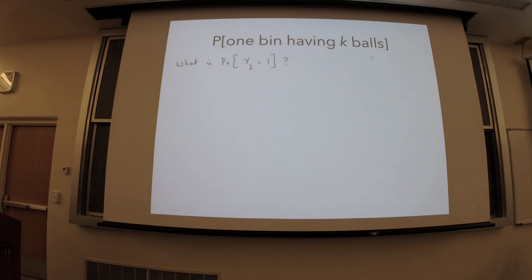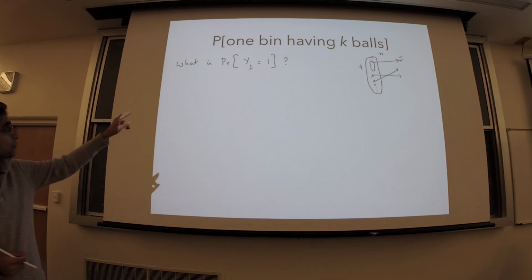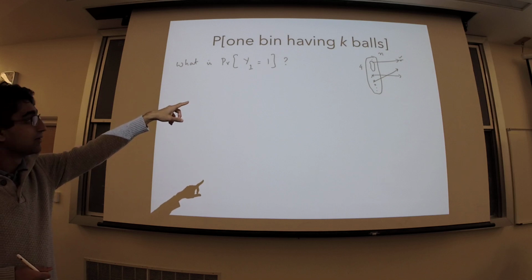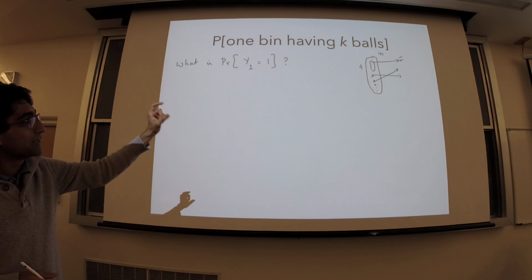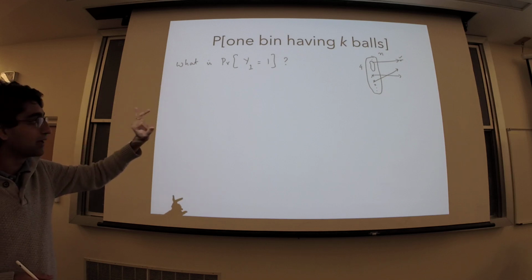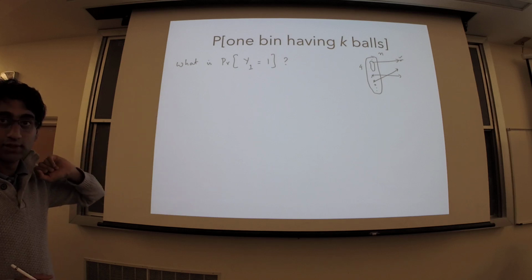Out of all these n bins, we have n balls, and we wanted 4 of them to go into bin 1, and we wanted everybody else to go into bins other than bin 1. And we did this for every choice of a 4 tuple, right?